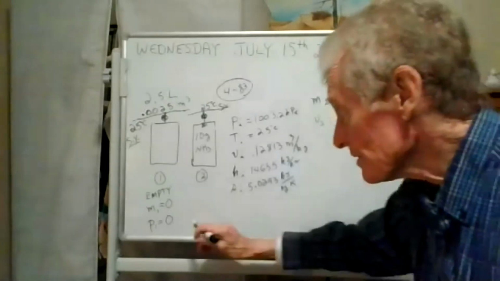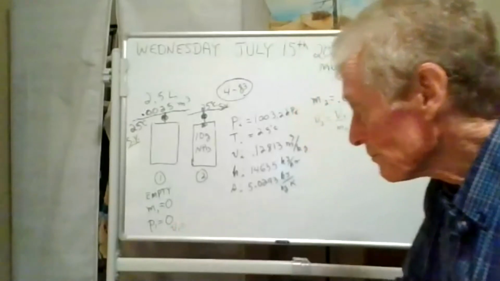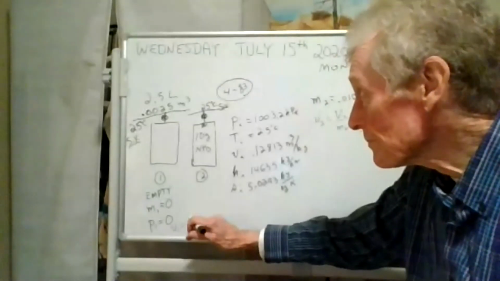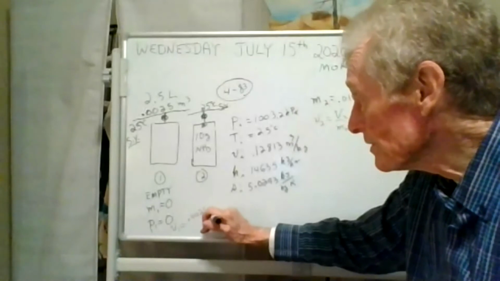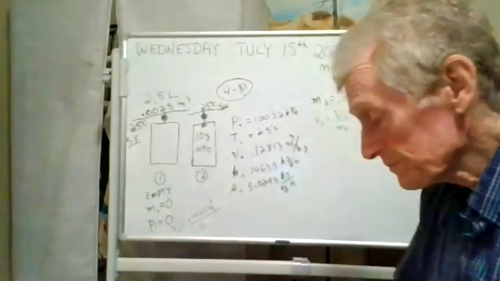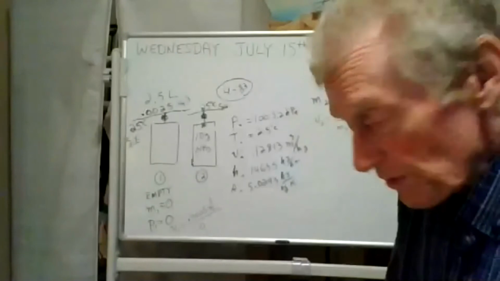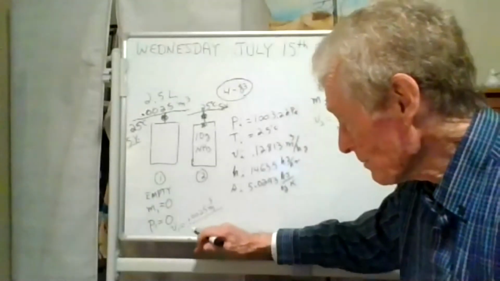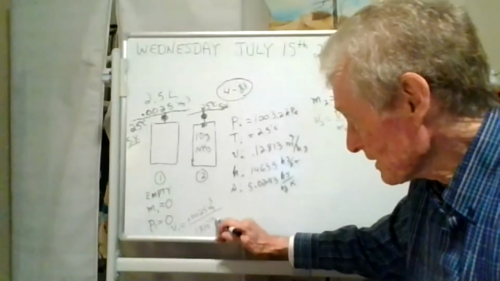Now we never did the specific volume at state 1, but we could try. At state 1, you have 0.0025 cubic meters divided by the mass, which is 0. Hey, wait a minute, we're not supposed to divide by 0. So make it something exceedingly small, like maybe 1 times 10 to the minus 10 kilograms.